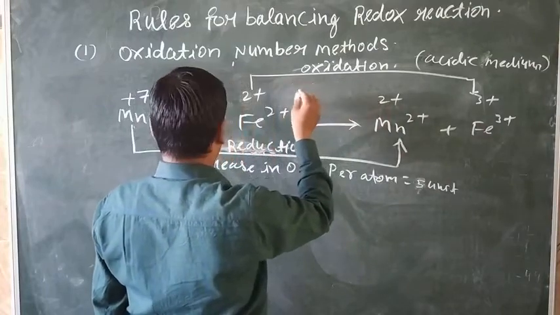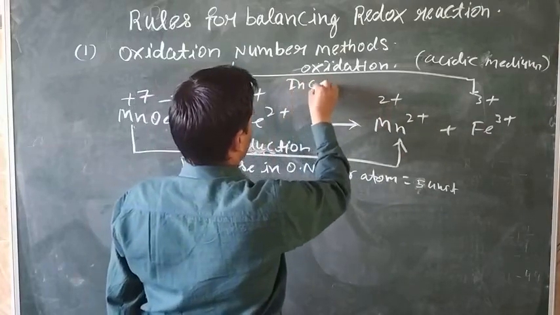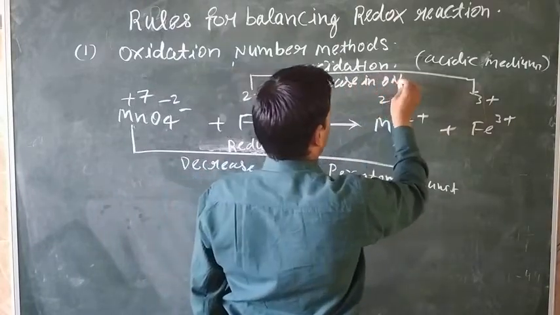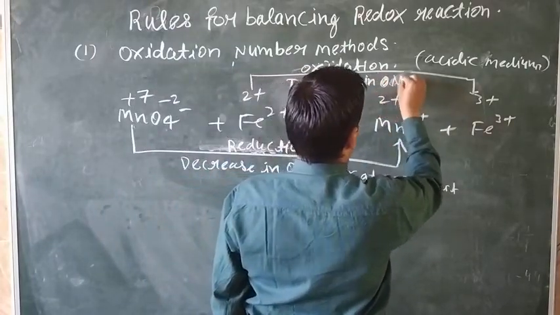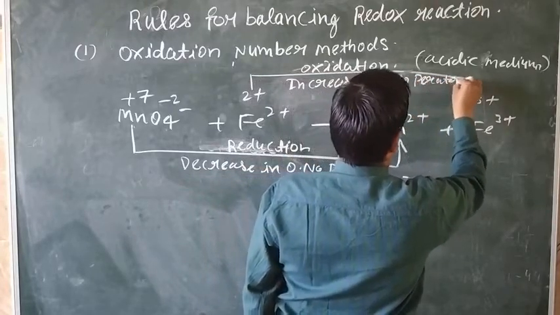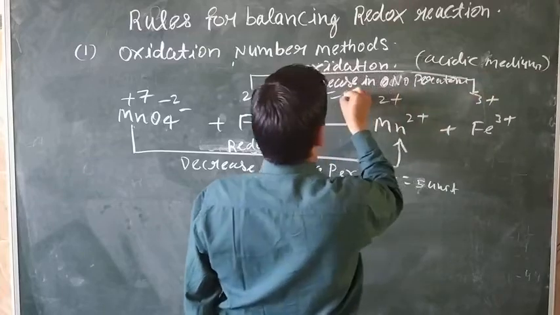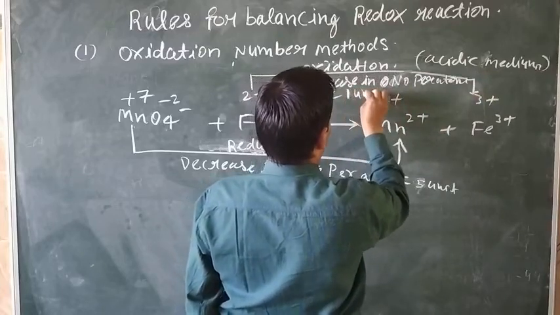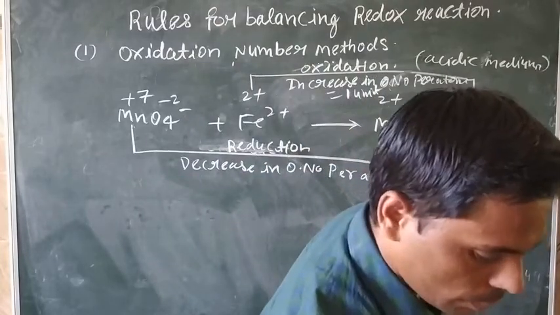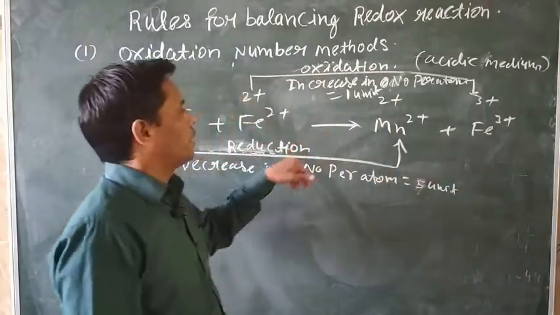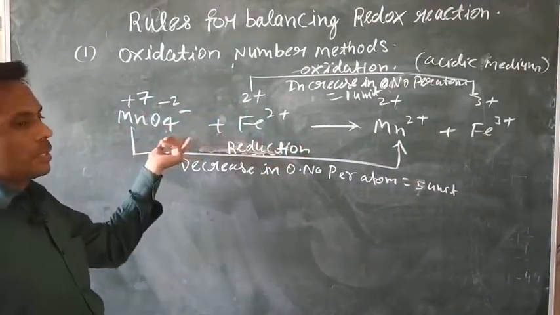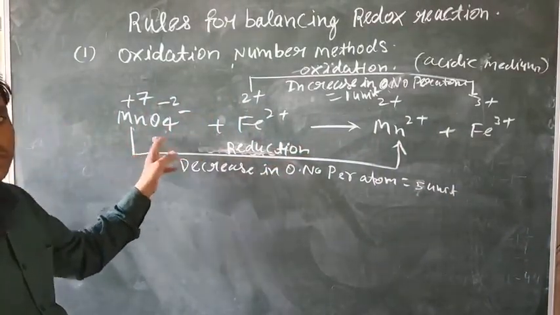In the second case, ferrous to ferric, the increase in oxidation number per atom is equal to 1 unit. After that, we are in a position to know which is the oxidizing agent and which is the reducing agent.